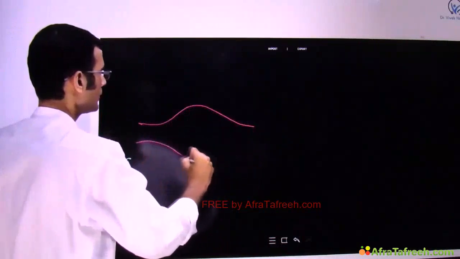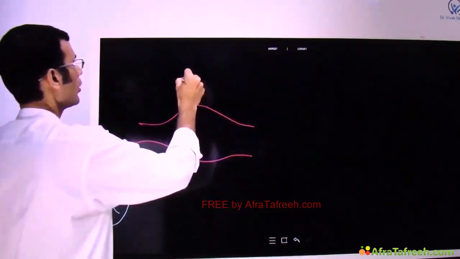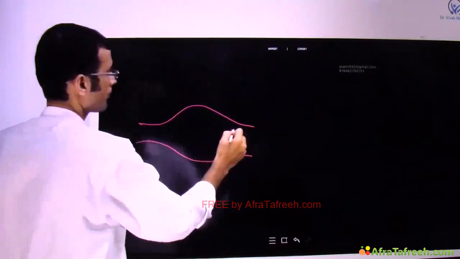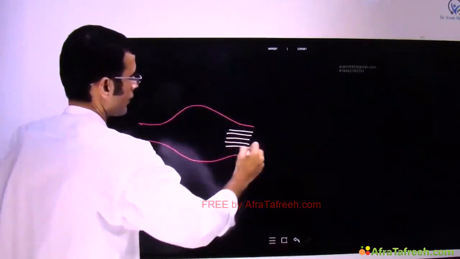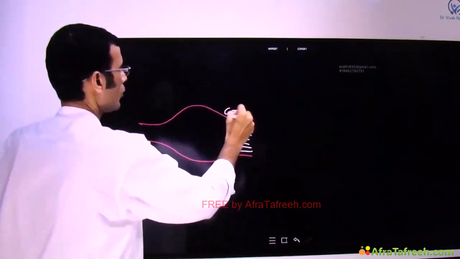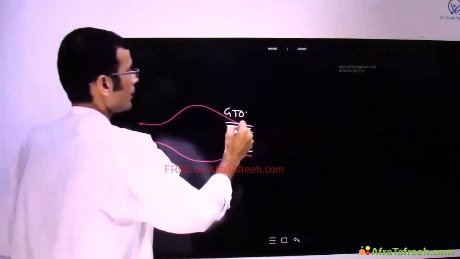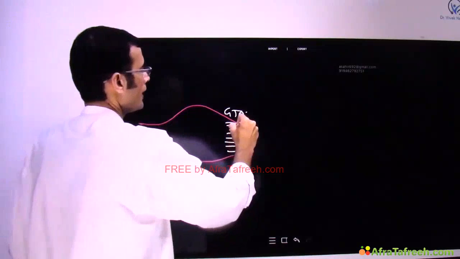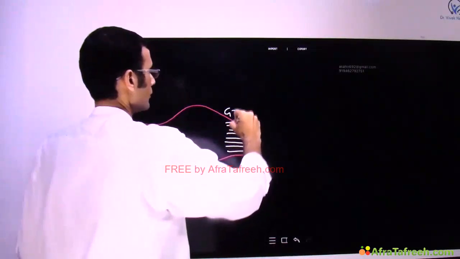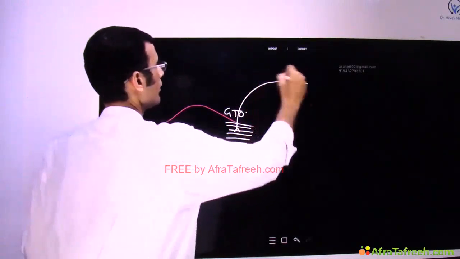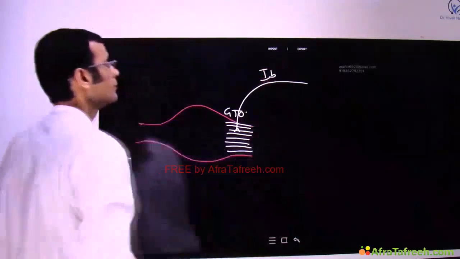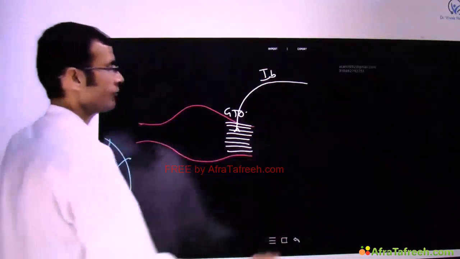About 20 fibers will make one Golgi tendon organ. So this is the Golgi tendon organ situated in the tendon of the muscle. Arising from the Golgi tendon organ is the 1B type of afferent.